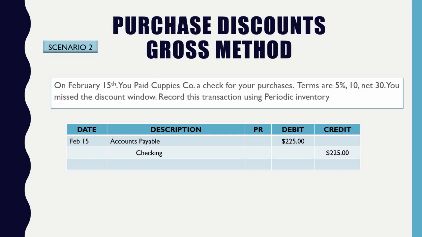You recognize that you received your bill for the purchase of inventory, and you recognize it at the full amount. Then as you go through the weeks, if you paid and made the discount, you recognize the purchase discount. Or if I paid but missed the discount, I'm just going to pay the full amount. That's all I need to recognize.